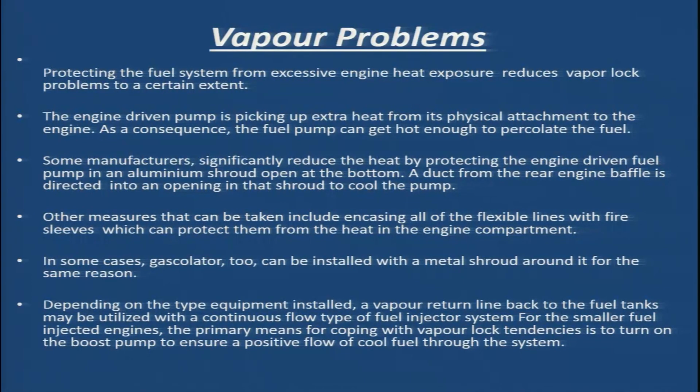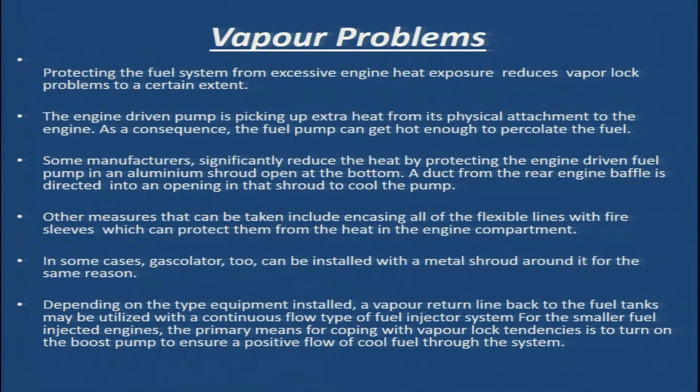So, some manufacturers, depending on the type of equipment, have incorporated a vapor return line back to the fuel tanks so that the vapor is sent back to the tank and from the tank it is vented out. In some smaller aircraft, these vapor lock tendencies are tackled by boost pumps which ensure positive flow of cool fuel through the system.